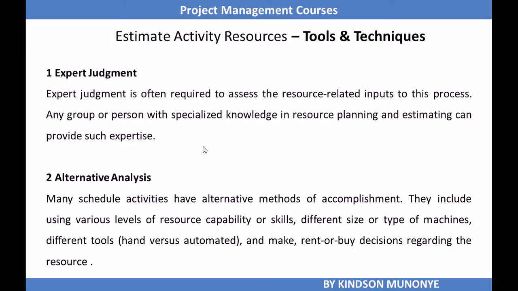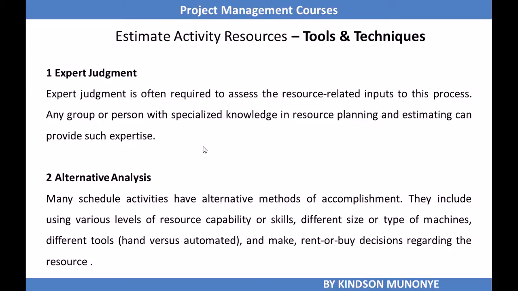Another tool and technique we need to estimate activity resources is alternatives analysis. Now, I think this is the first time we are seeing this tool and technique in our discussion of the project management processes. Alternatives analysis means that you need to look at alternative methods for accomplishing a particular activity.